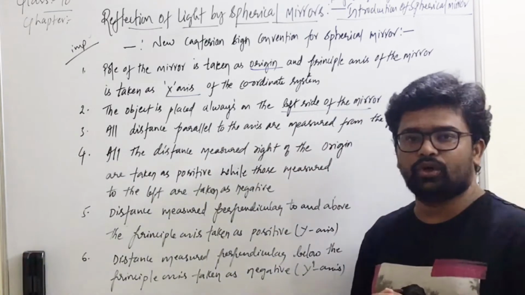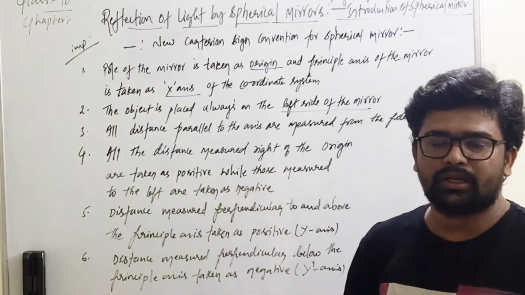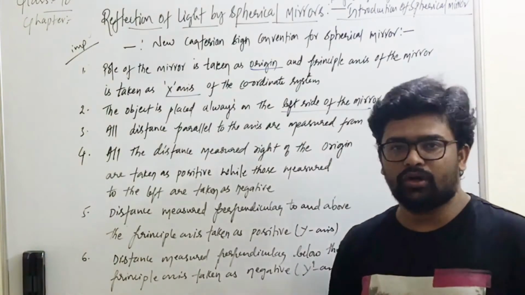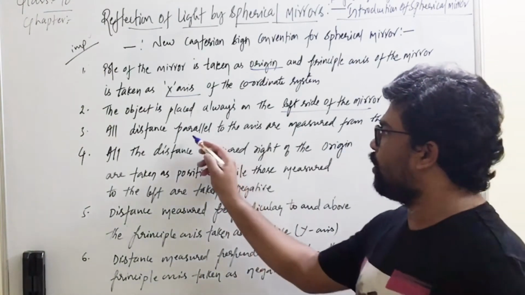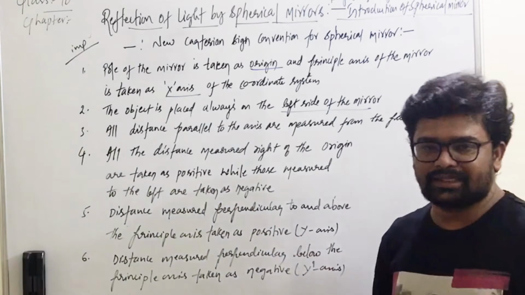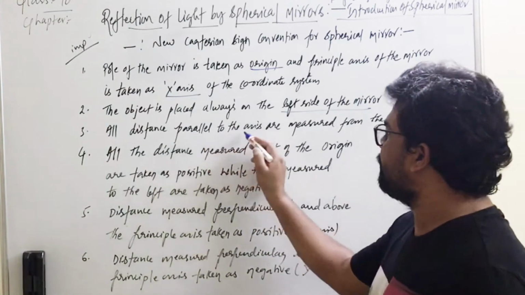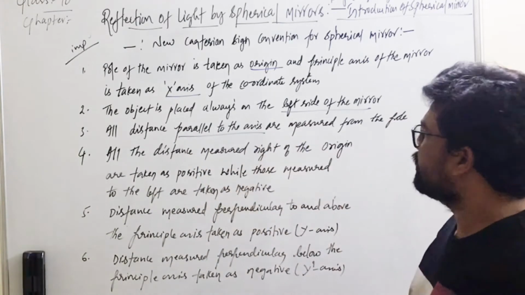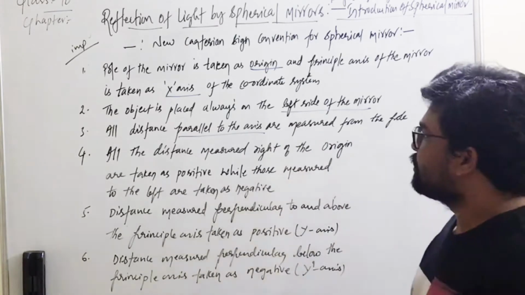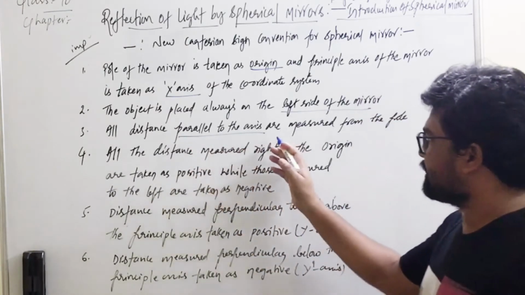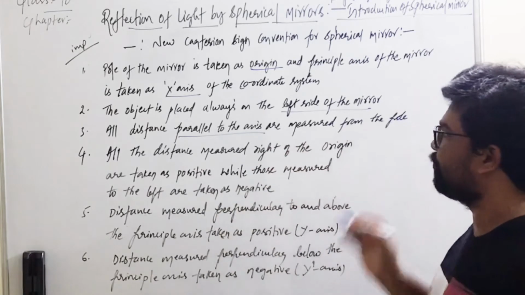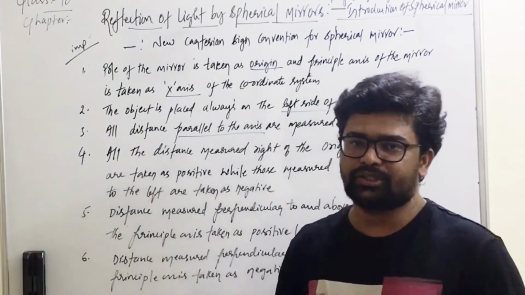You have to place the object, for either a concave or a convex mirror, on the left side of the mirror, and all distances parallel to the x axis are measured from the pole.